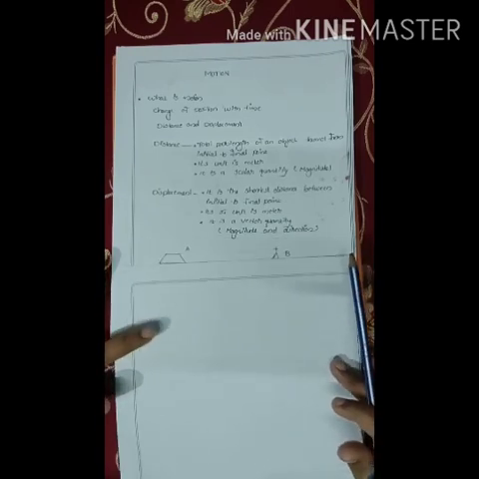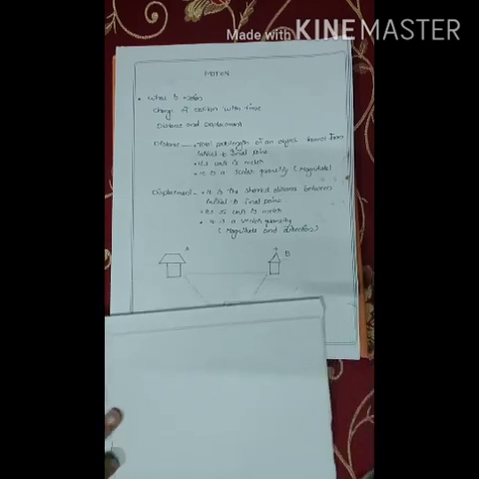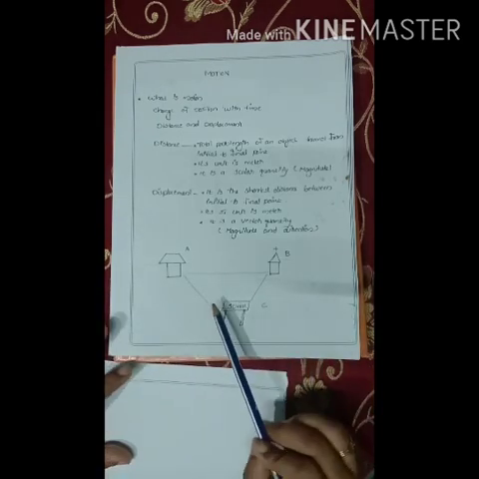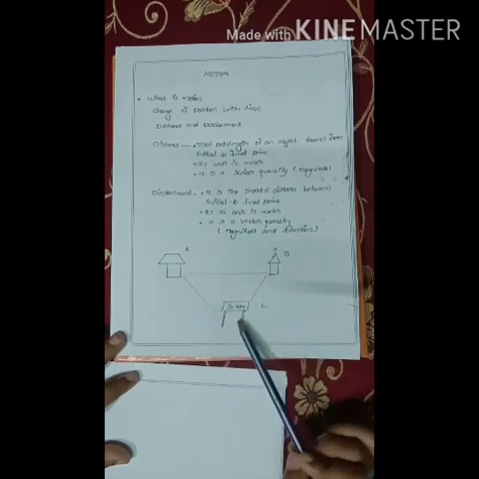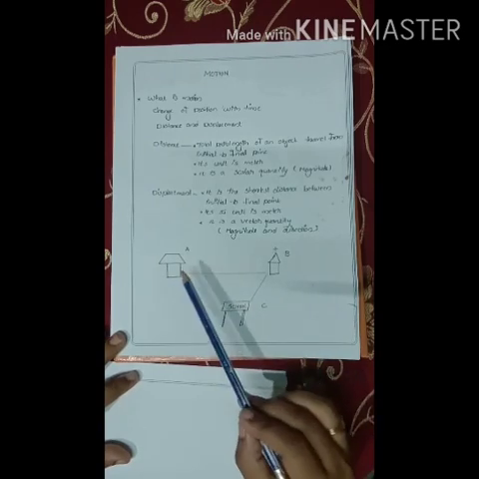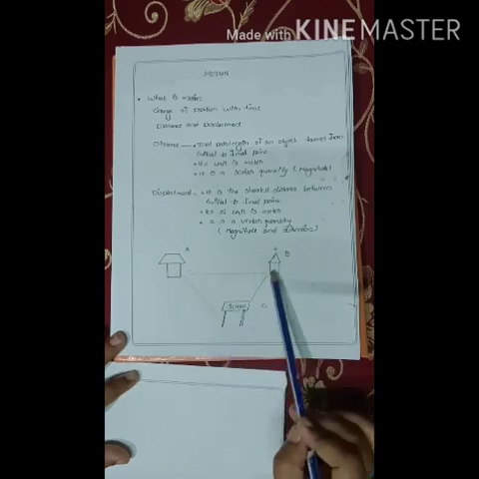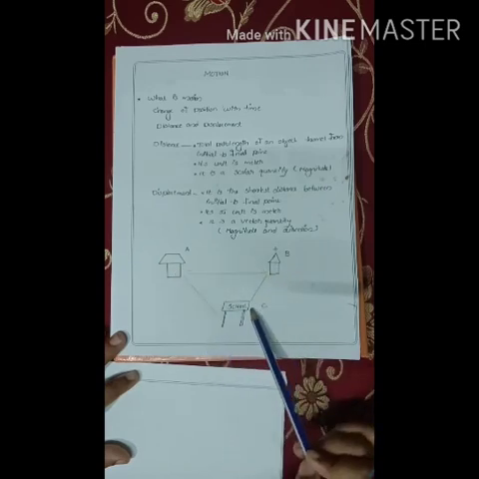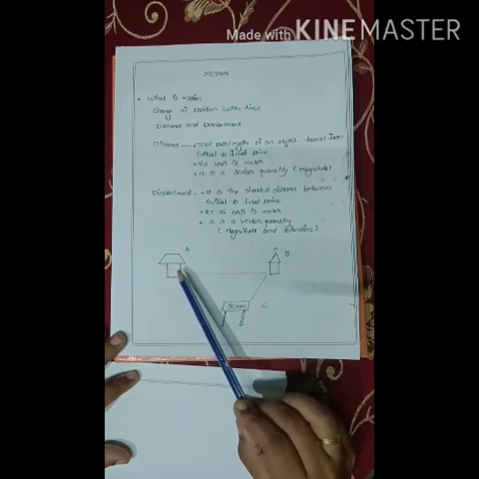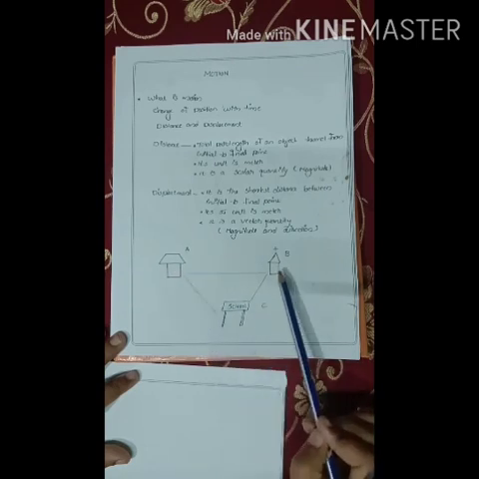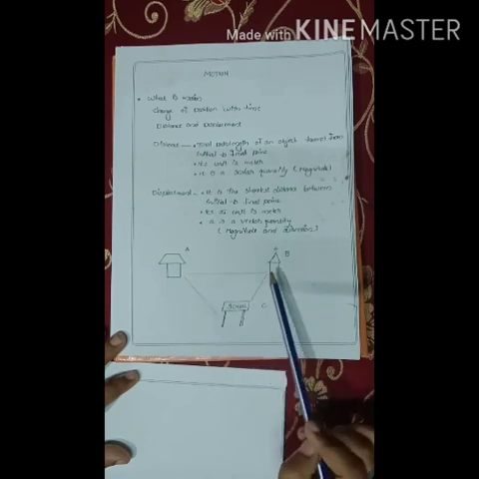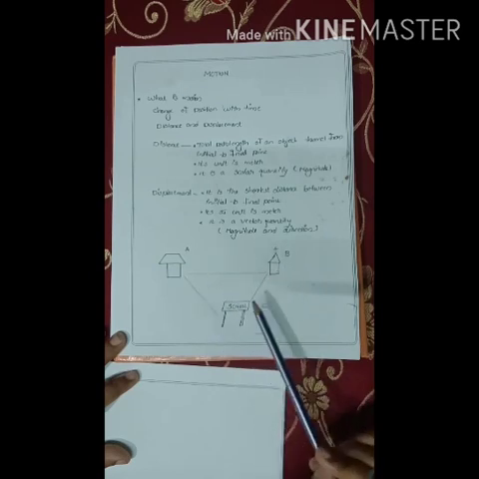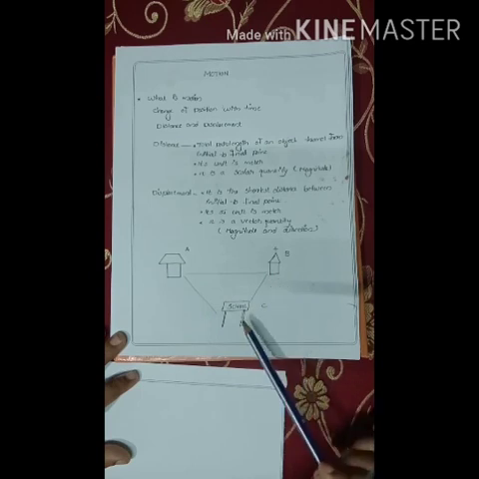Now I will explain one example to explain the difference between distance and displacement. A boy goes from house to church, then goes to school. Position of house A, then church B, then school C. We have to calculate the distance of that boy and the displacement of that boy.